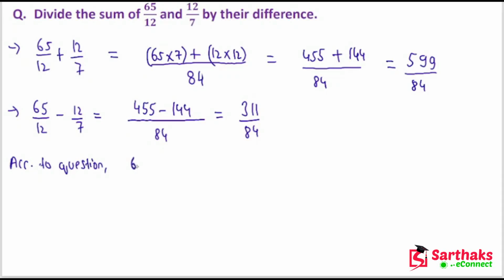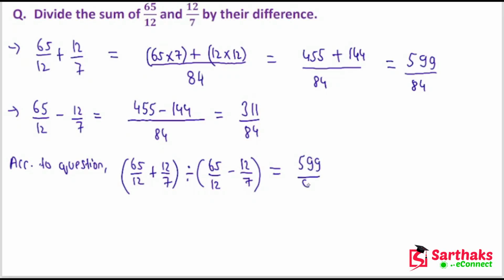Now according to the question, you have to divide the sum, that is 65 by 12 plus 12 by 7, by the difference, that is 65 upon 12 minus 12 upon 7. Now what is 65 by 12 plus 12 by 7? It is 599 whole upon 84.